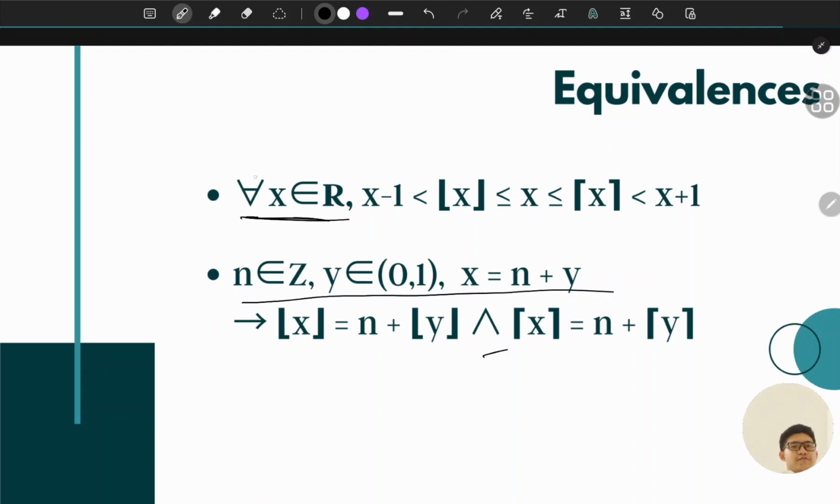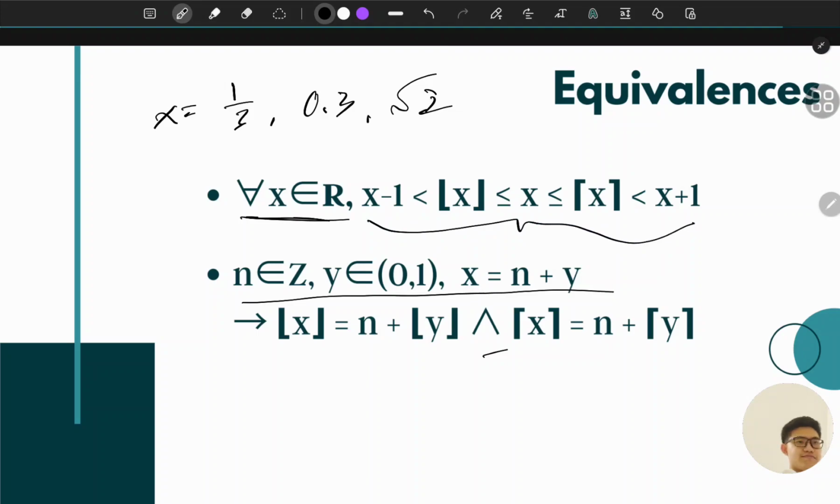So this upside down A basically means for all of the x's within the set of real numbers, which means x can be a fraction, a decimal, or a rational number, then the equality here holds.